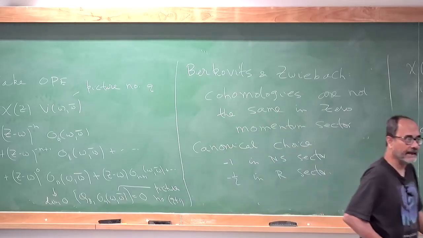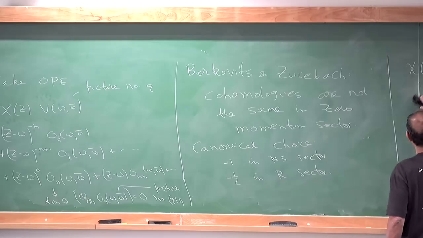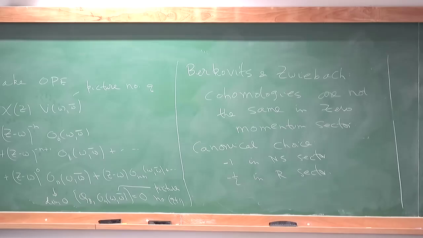Okay, so next time we are going to discuss the cohomology in some more detail, the representative elements, for example, in the NS sector and R sector. But let me just say now what role the picture number plays in constructing correlation functions or amplitudes. So amplitudes.